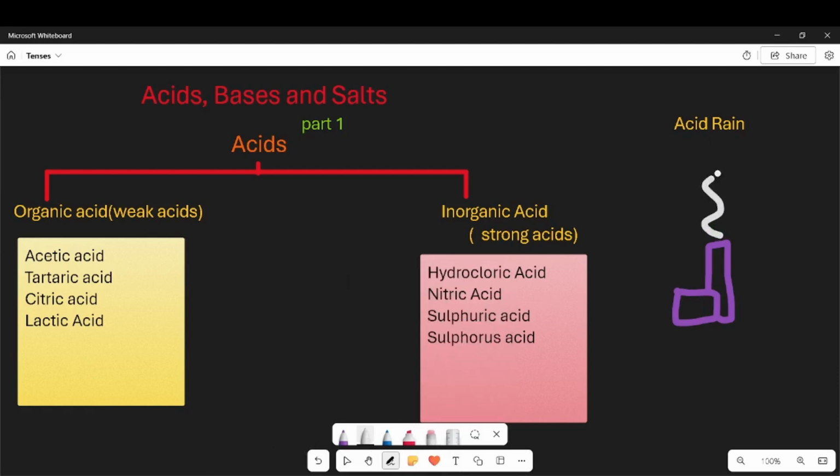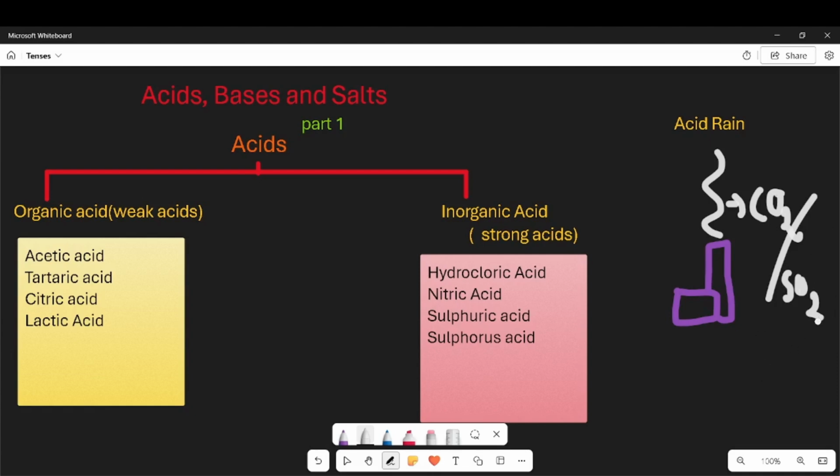Let's say it's emitting some poisonous acidic gases, like carbon dioxide, or we can also take sulfur dioxide, SO2. These are acidic gases. Let's say it's giving out sulfur dioxide.